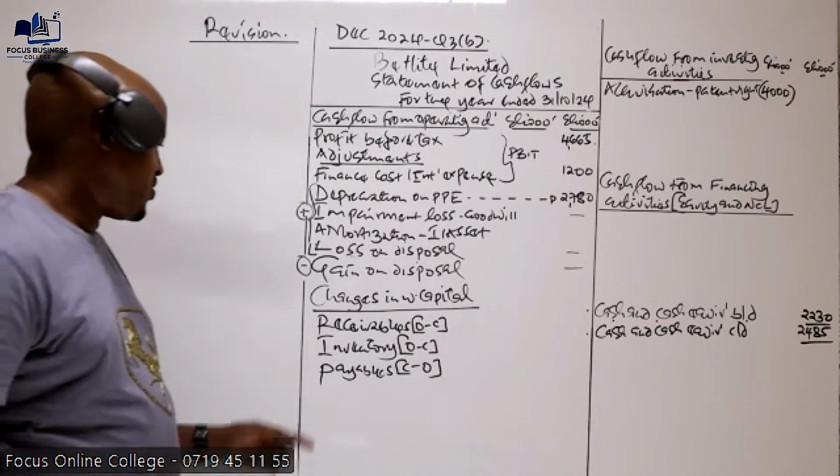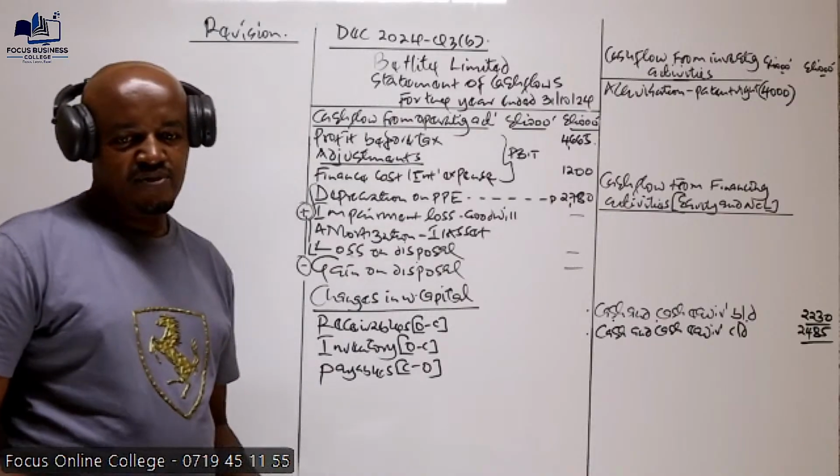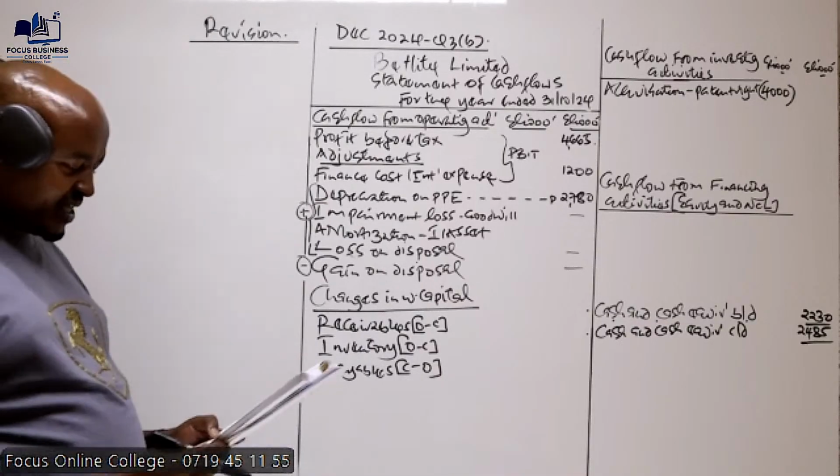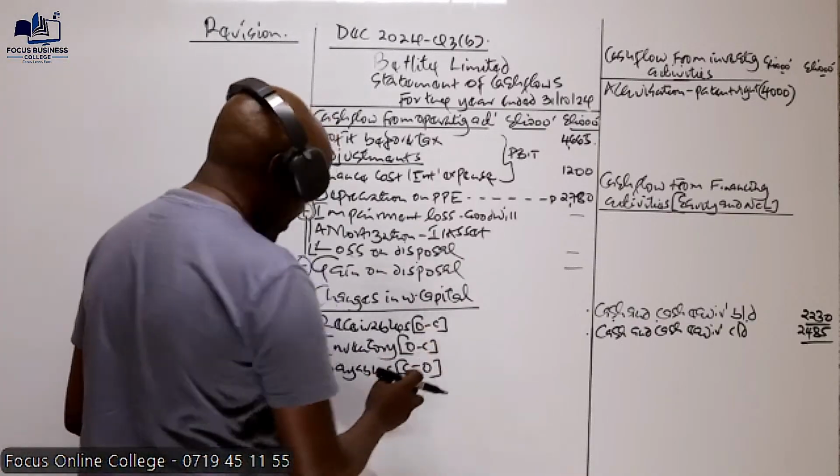We know receivables and inventory are items of current assets, so we go back to our statement of financial position under the current assets and apply this formula.